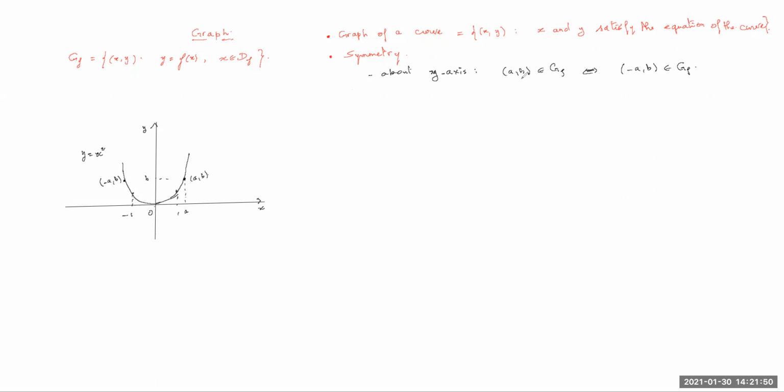As a consequence, I will be looking for symmetry if I have a domain that is symmetric, because each time I'm considering a, I'm considering -a. That means my domain of definition should be symmetric. We have also a symmetry about the origin.